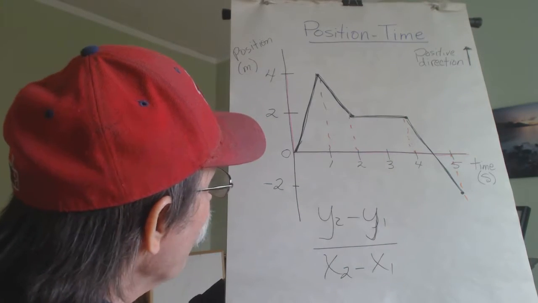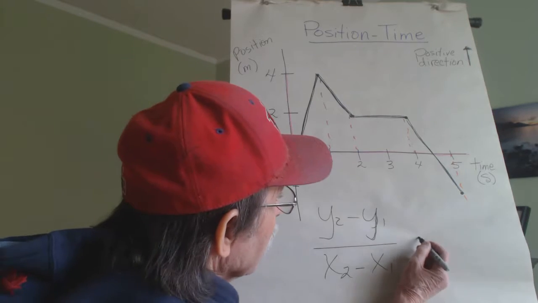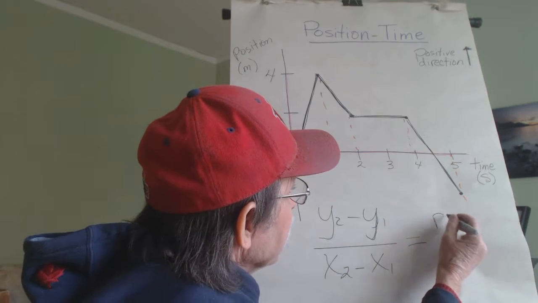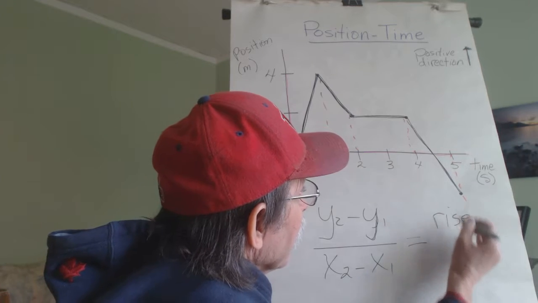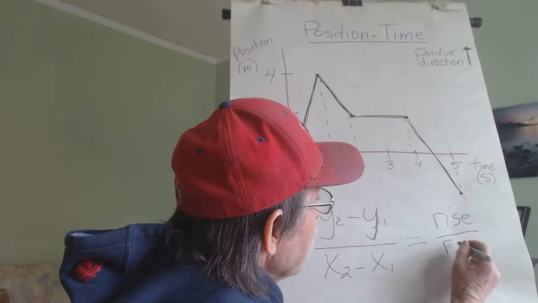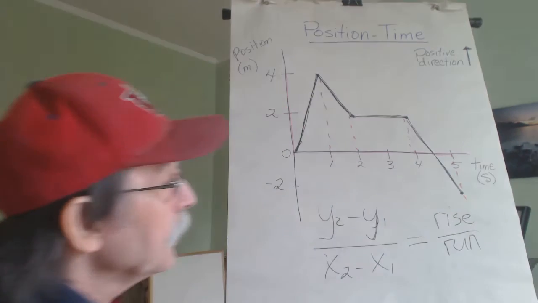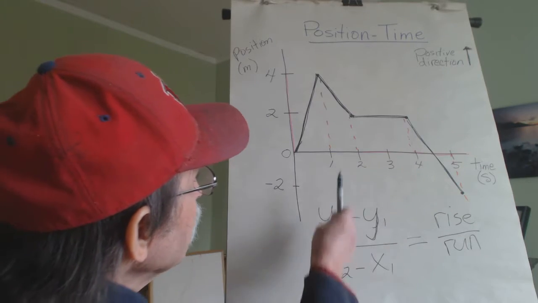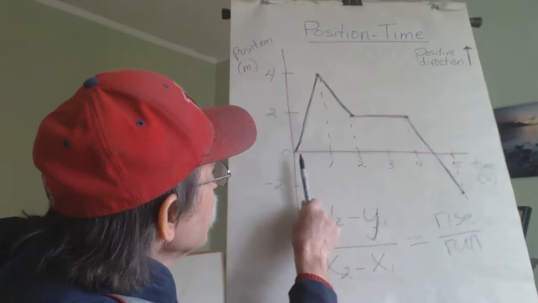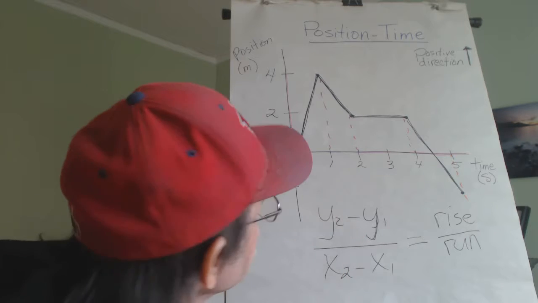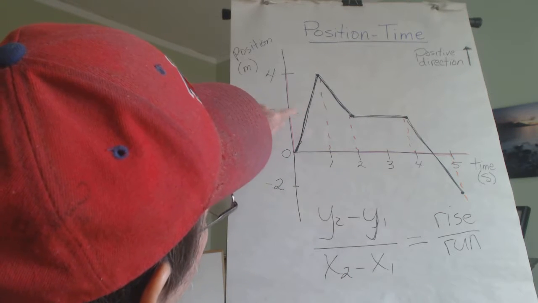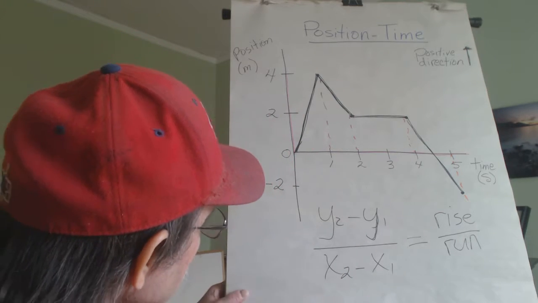So the rise is 4. I'm going to put this over here: rise over run. It's rising 4. And what was the run? It was 1.